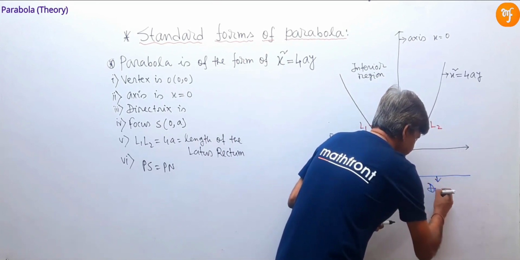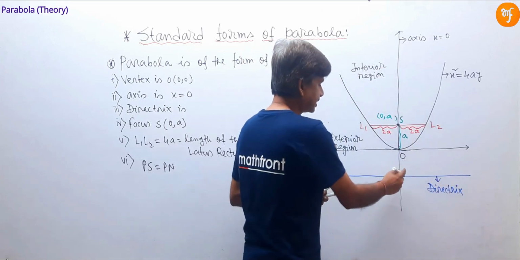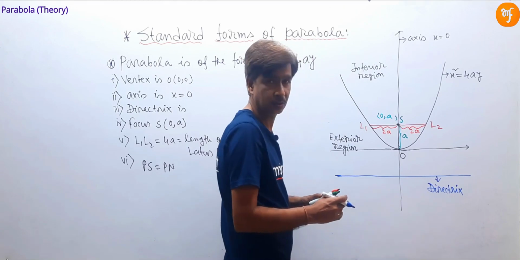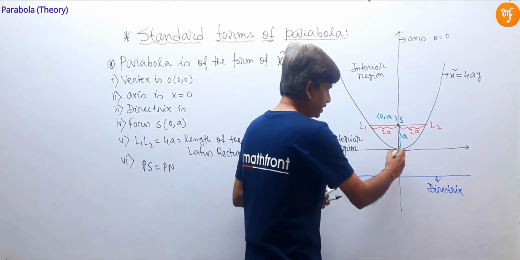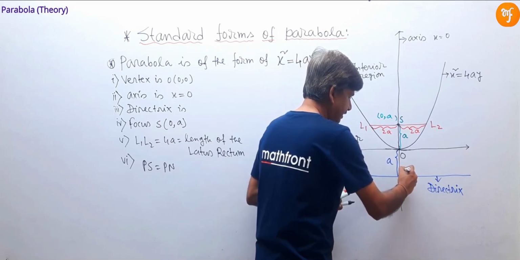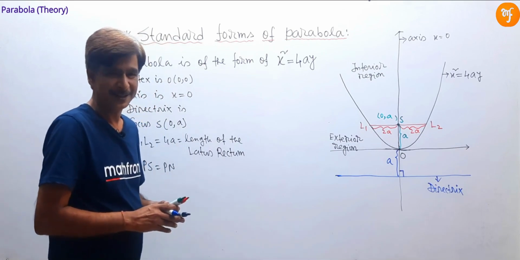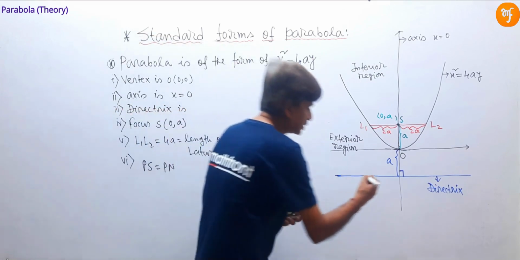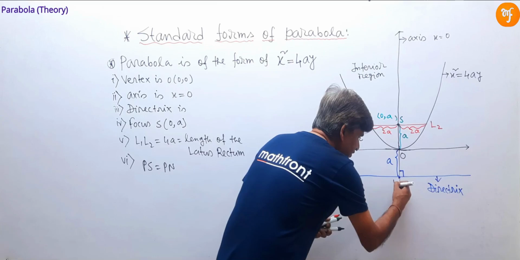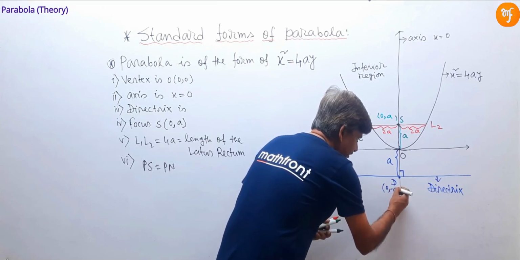The directrix also has a distance of a unit from the vertex, and it is perpendicular to the axis of the parabola. Clear? So what is the coordinate of this point D, the intersection of the directrix and axis? Definitely this is 0 comma minus a.